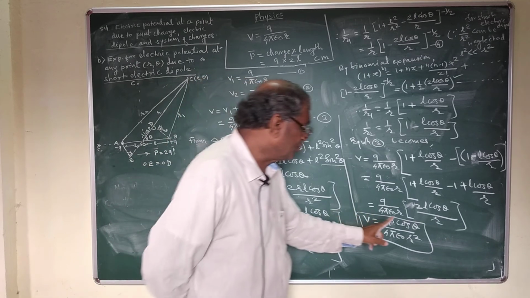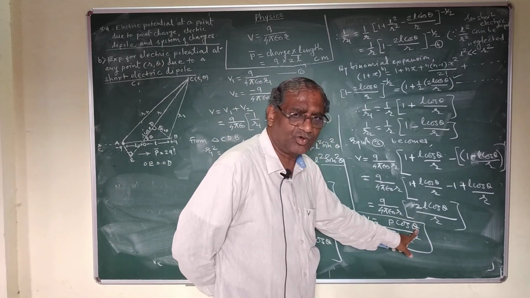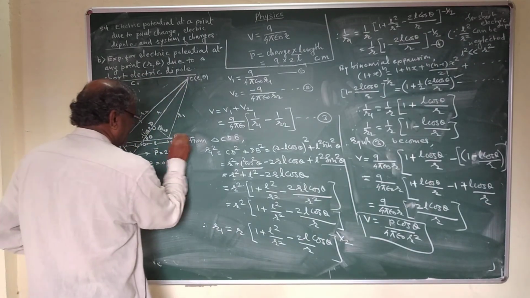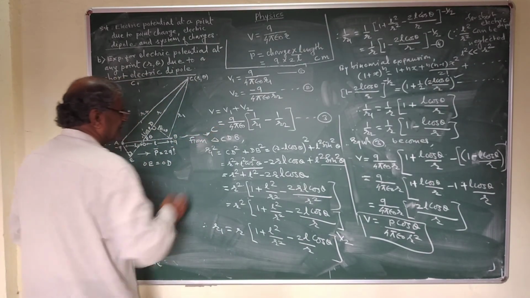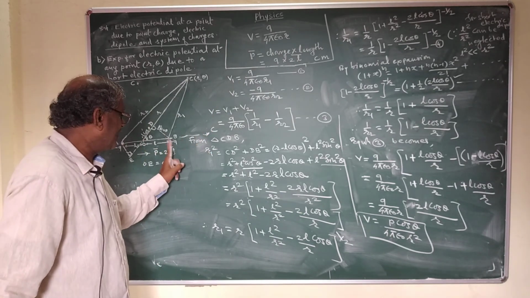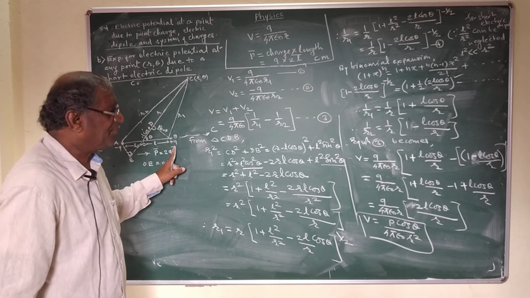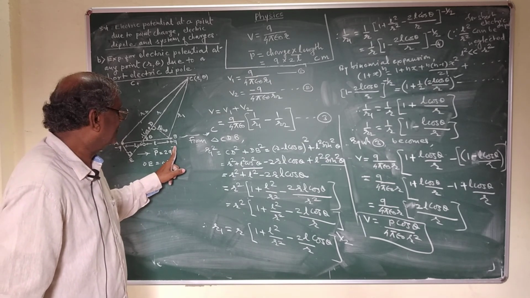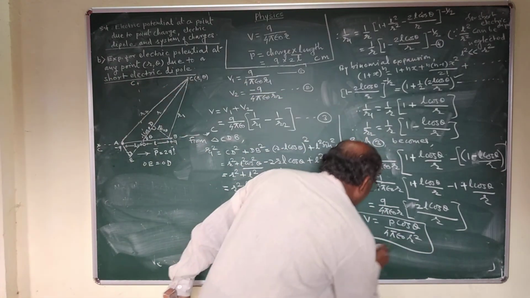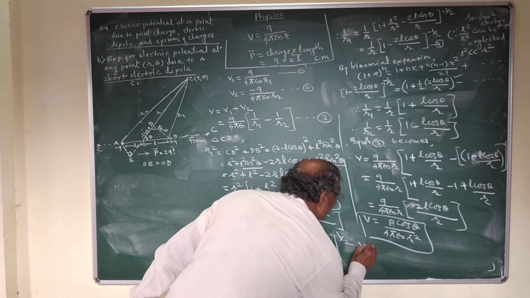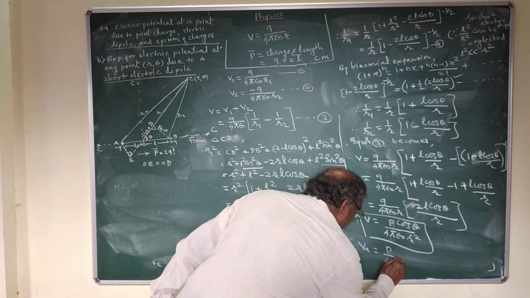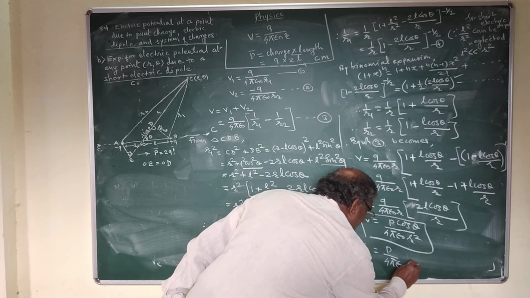Now there are two cases. If theta is equal to 0, then C point is situated along the axis of the dipole and towards the positive charge. Therefore, electric potential produced at a point along the axis is given by VA is equal to P upon 4 pi epsilon 0 R square.